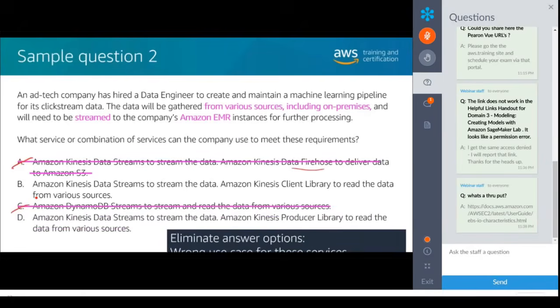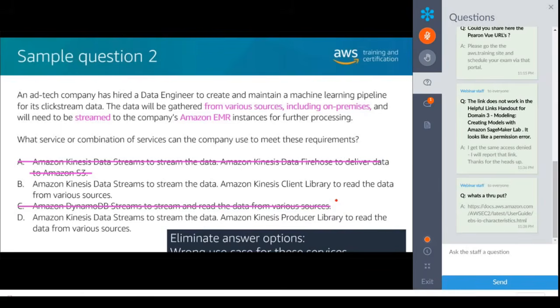So why? Well, we don't use the KPL to read, right? The client is what does the reading. The producer is what writes into a stream. So again, your knowledge of Kinesis would be helpful here. The Kinesis Producer Library produces messages into Kinesis data streams. The client library is a reader from the stream. So you've got data sitting in the stream, and we use the client to pull data out.